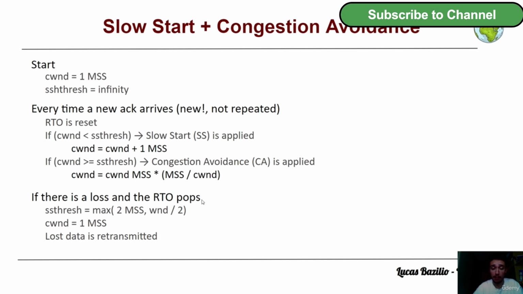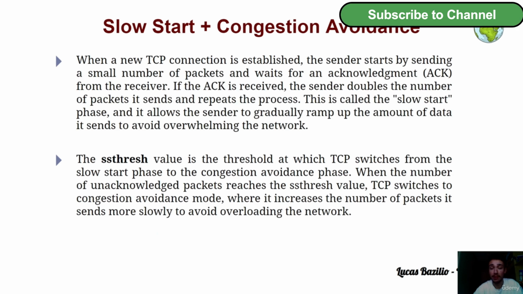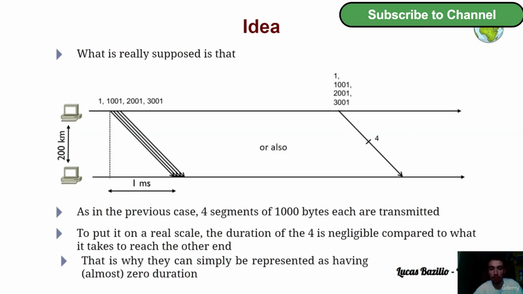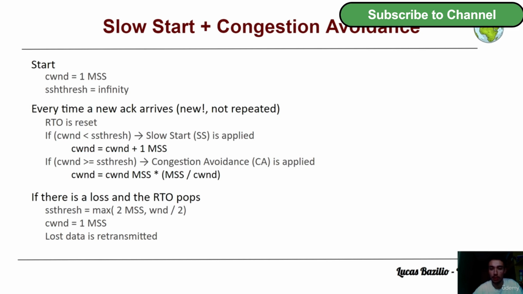This forms part of the flow control, but they have the role of congestion control. So this algorithm, the slow start and congestion avoidance, belongs to the congestion control in TCP, where we use this control to compute the value of the congestion window.